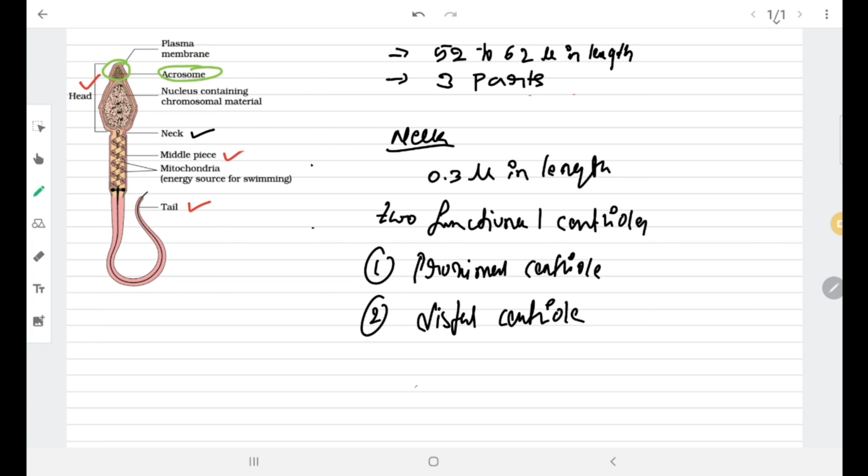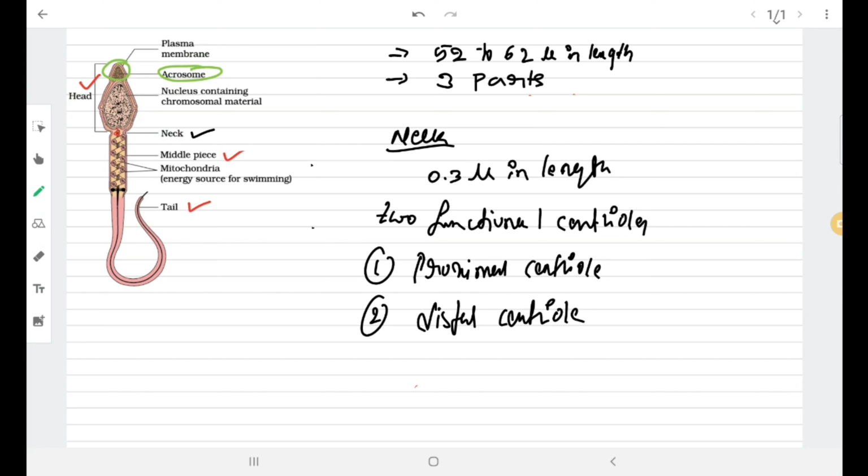it also generates some very important functional fibers. Mainly the proximal centriole acts as the main link between the head and the neck, which comes here. And you can see over here a dot, right? That dot is the distal centriole.